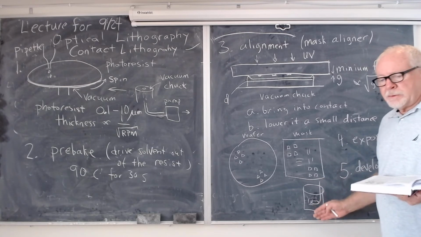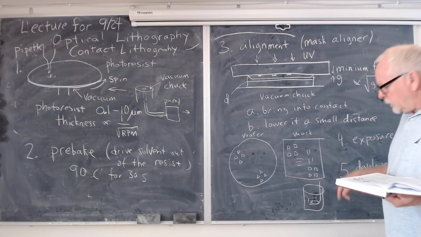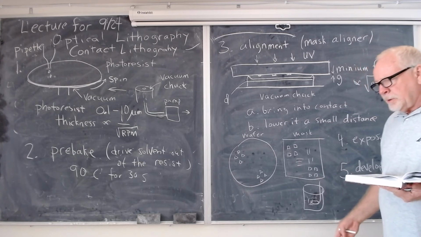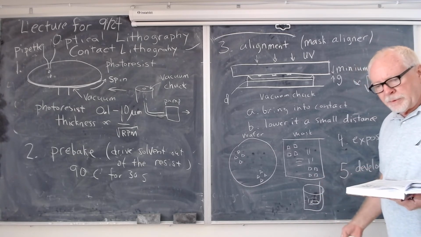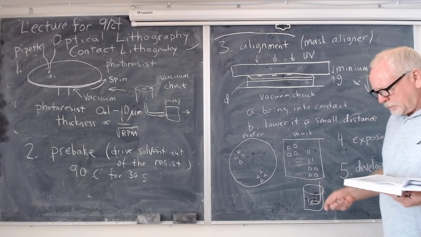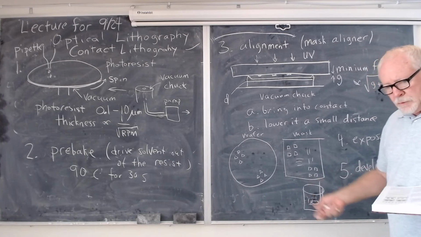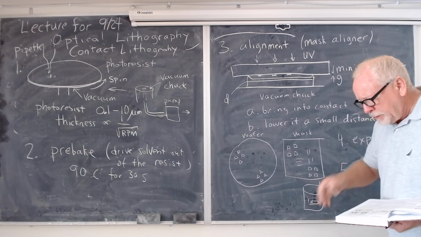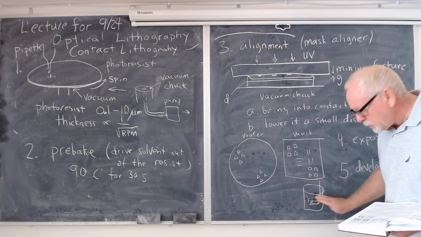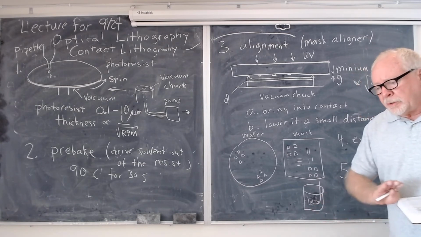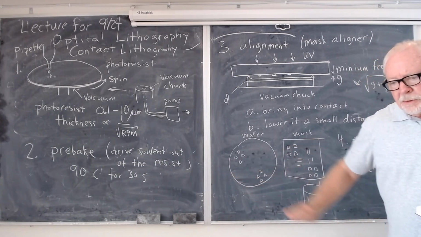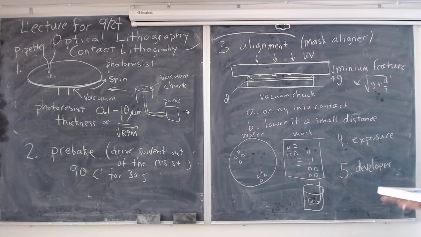And even that turns into an art form, because when you place it in the developer, you don't want any bubbles to form on the surface or anything like that. So you learn techniques for lowering it in such that the developer sheets across it and nicely forms a total liquid coverage.